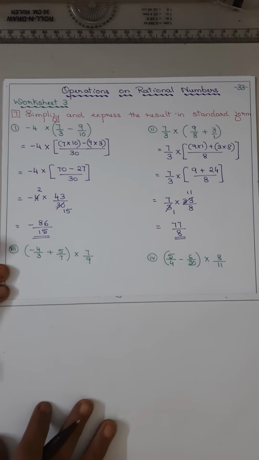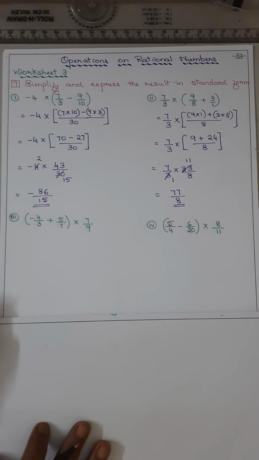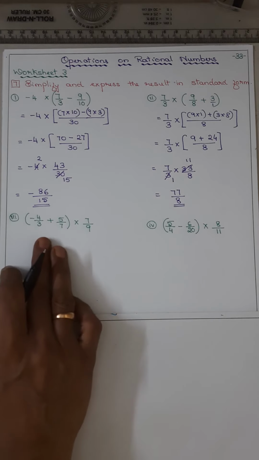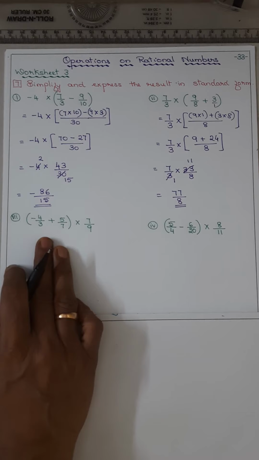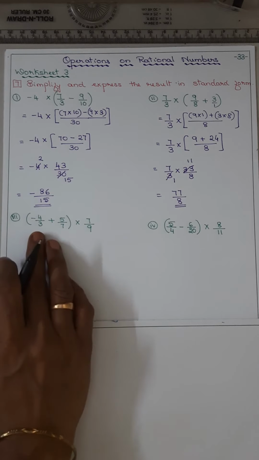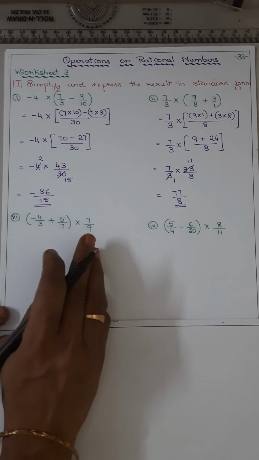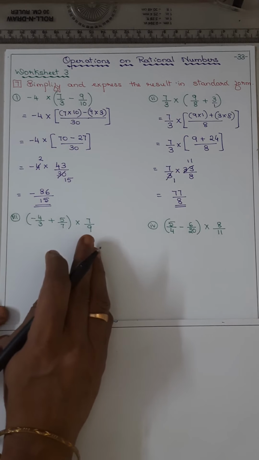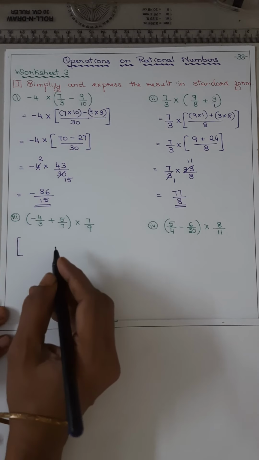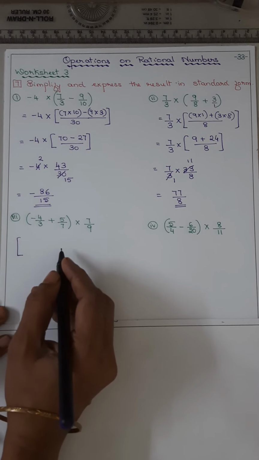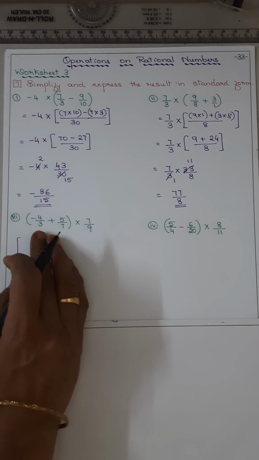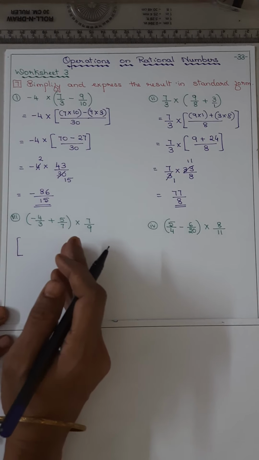Is it clear? Now coming to the third sum, it is an addition within the bracket. First solve this and then multiply. Now addition, you have to look for the LCM, isn't it? So 3 and 7, what is the LCM? The bigger number is 7. 7 1s are 7, not there. 7 2s are 14, not there. 7 3s are 21.